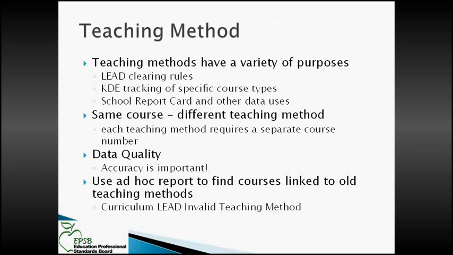They'll have the same state course code, but they'll need separate course numbers in your Infinite Campus system. Accuracy of these is very important because it does impact how things clear for lead and a lot of other things that people are looking at now.